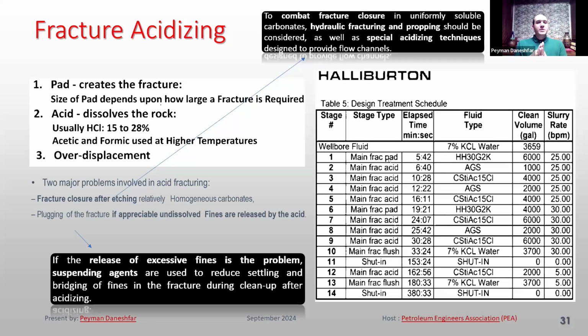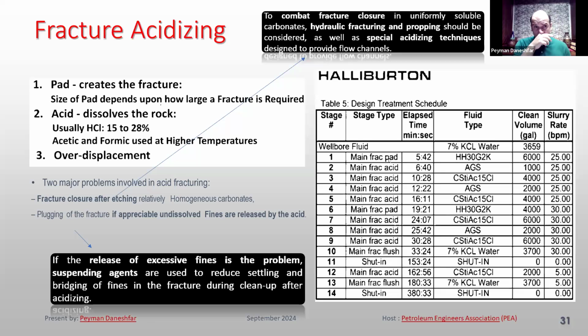But two major problems are involved in acid fracturing. One is fracture closure after etching. We can combat fracture closure in uniform soluble carbonate. Hydraulic fracture and propping should be considered, as well as a special acidizing technique designed to provide flow channels. You can use some prop also.